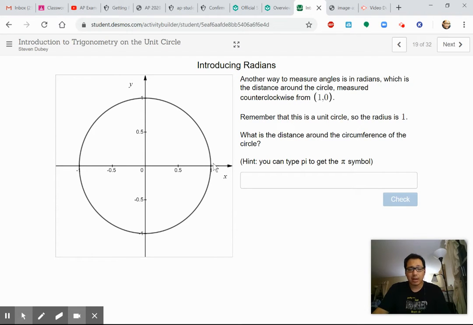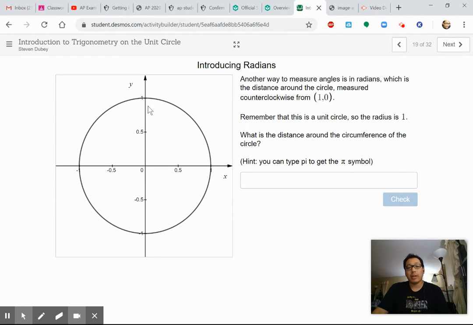Another way to ask that question is, what's the circumference of the circle? Hopefully you remember that the formula for the circumference is 2 pi times the radius.